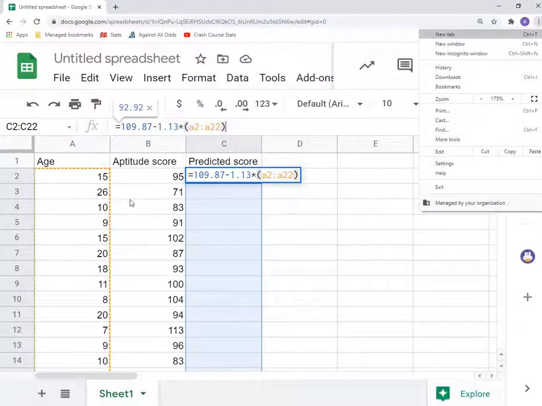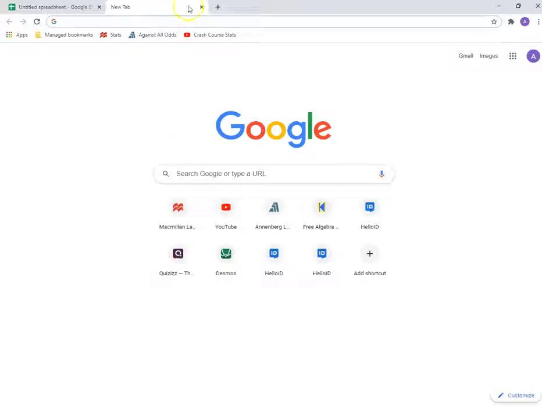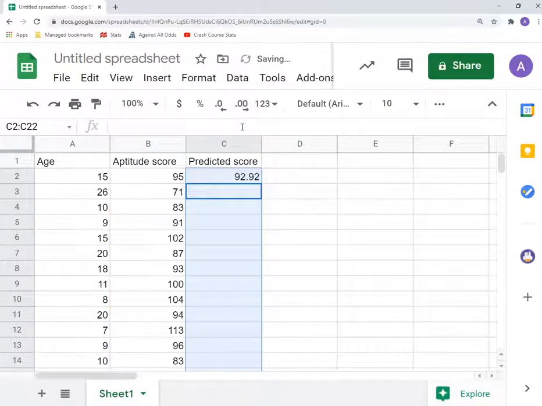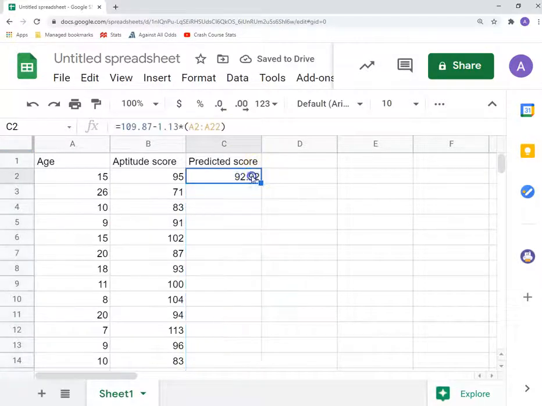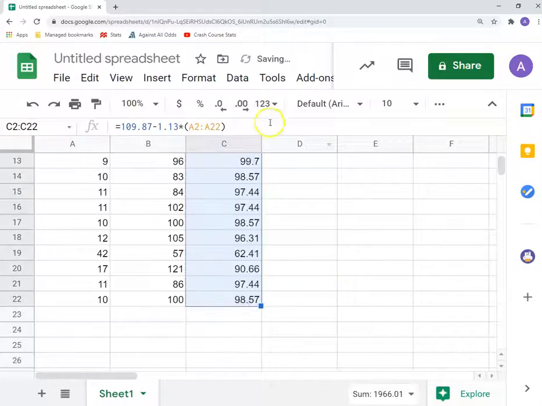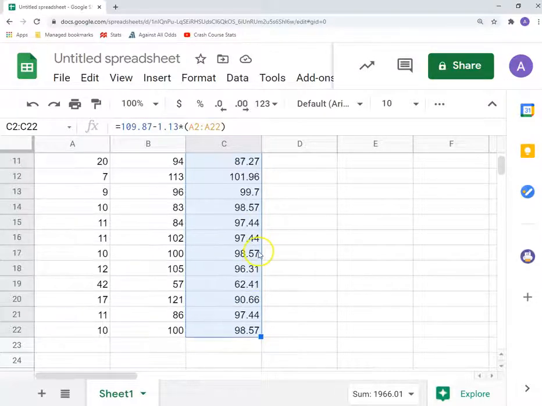And then I hit enter, and it gives me the first predicted score right there. And then I highlight that cell, and I'm going to drag the corner down, and it automatically fills them all in for me. Okay? Are we good on that?